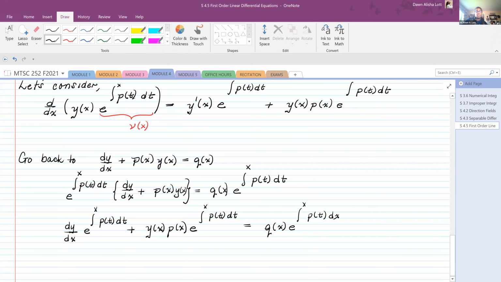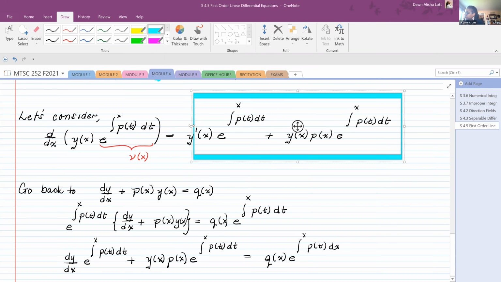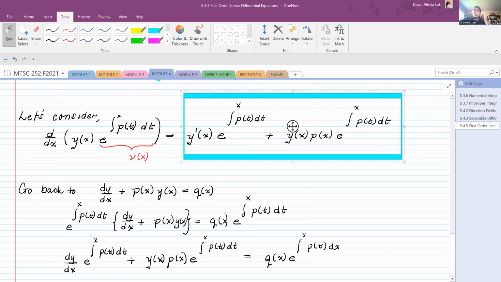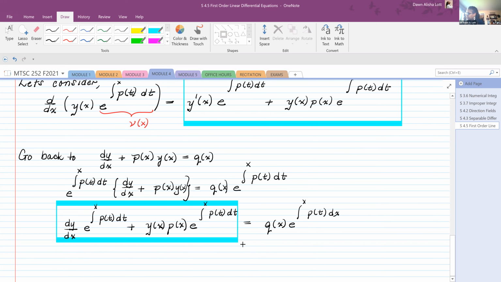Okay, I see something familiar. If you take a peek, this whole side right here is the exact same thing as what I have right here. They're exactly the same.